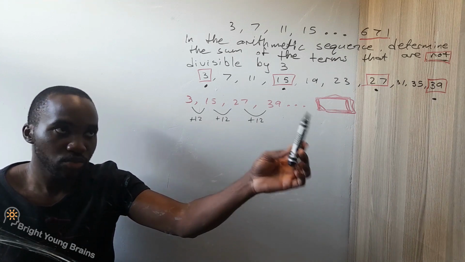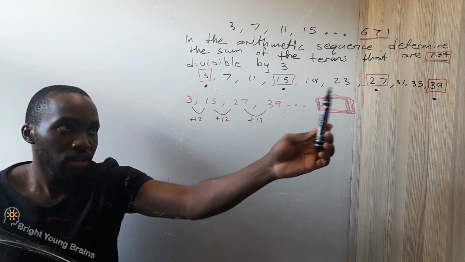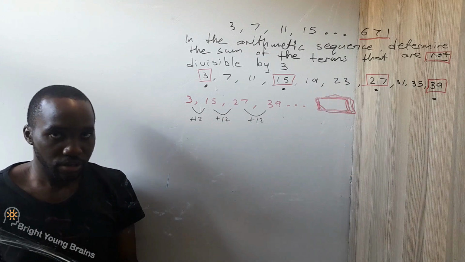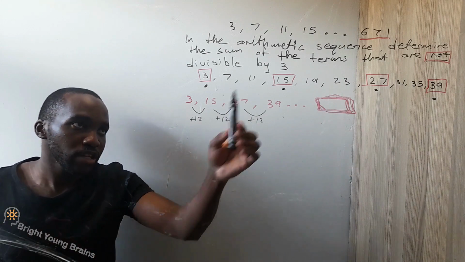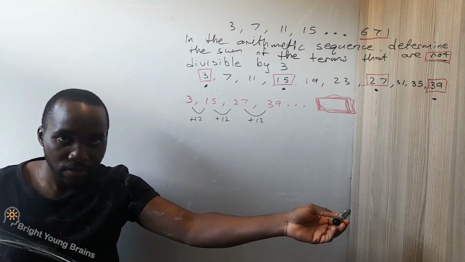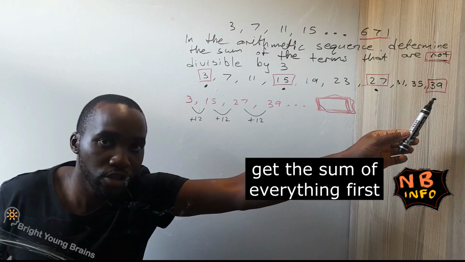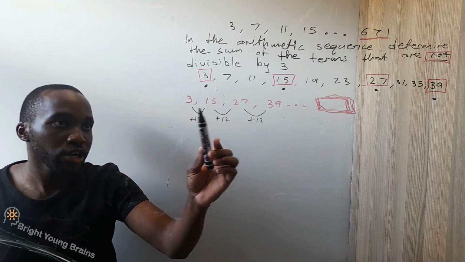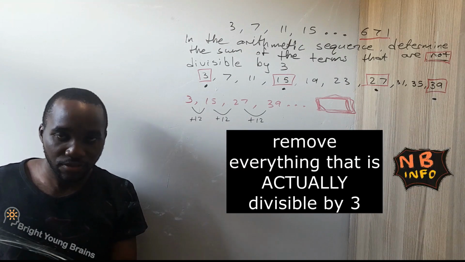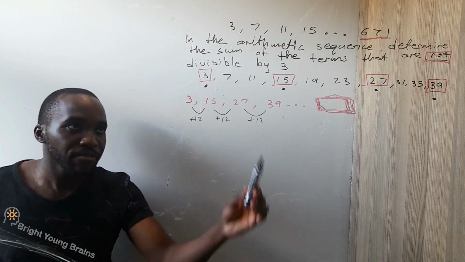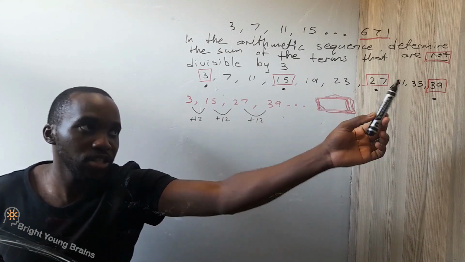What that will leave us with is all these ones that are not divisible by 3. So I repeat, for us to get the sum of all the terms that are not divisible by 3, you're going to get the sum of everything first. And then you're going to remove everything that is actually divisible by 3. What you're going to have left is the ones that are not divisible by 3.